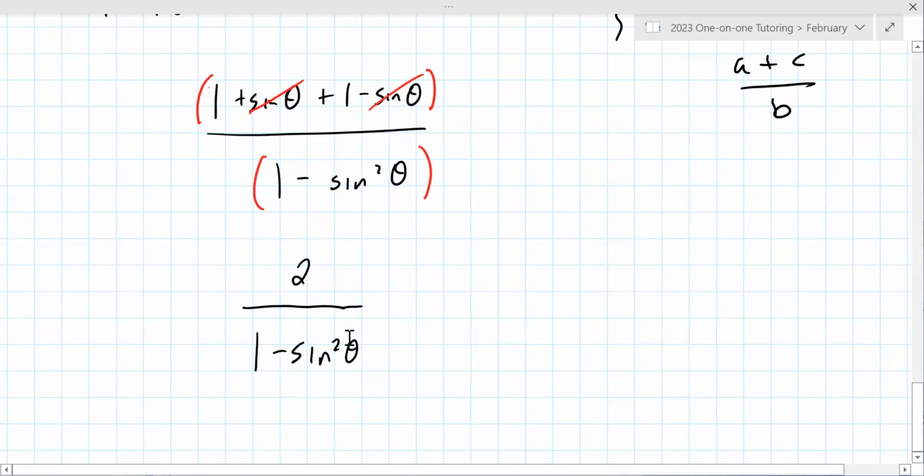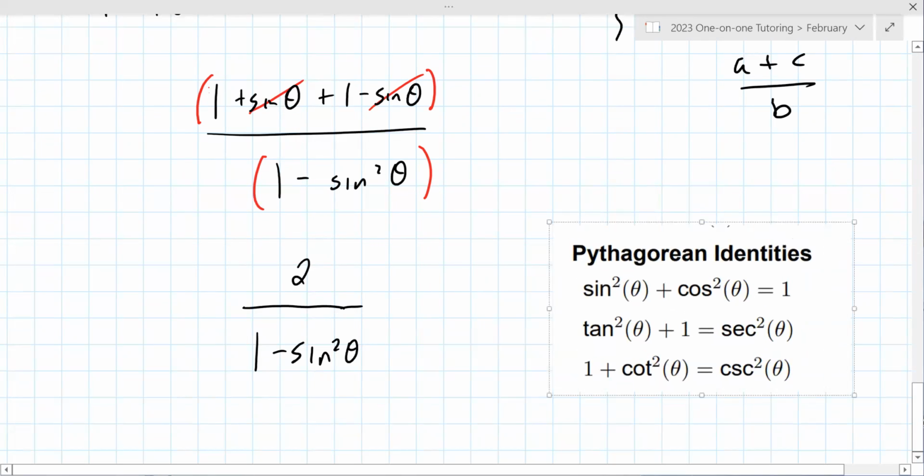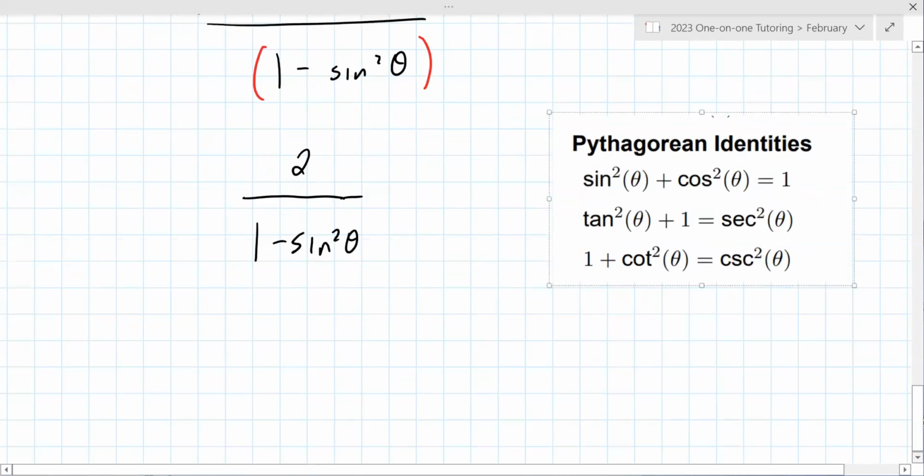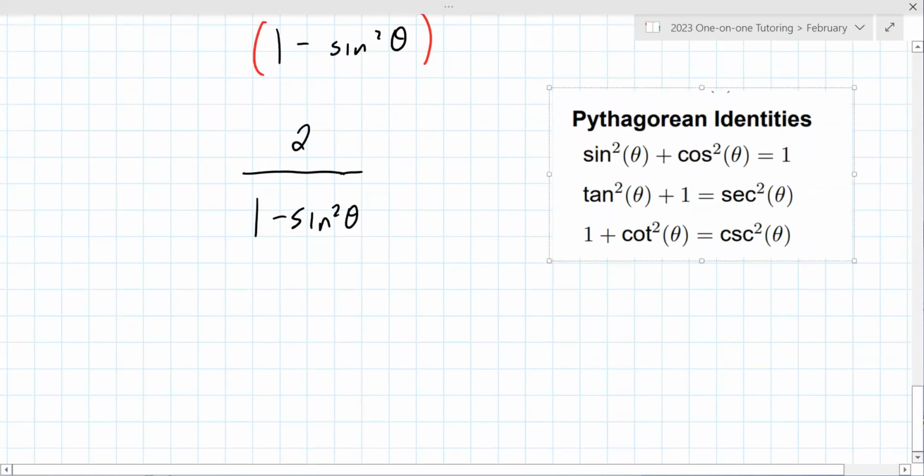Now, we did this in the previous problem. When you see a sine squared or cosine squared, or more specifically a 1 minus sine squared or 1 minus cosine squared, that's an identity. You're going to use one of the Pythagorean identities on that one. 1 minus sine squared would equal cosine squared.